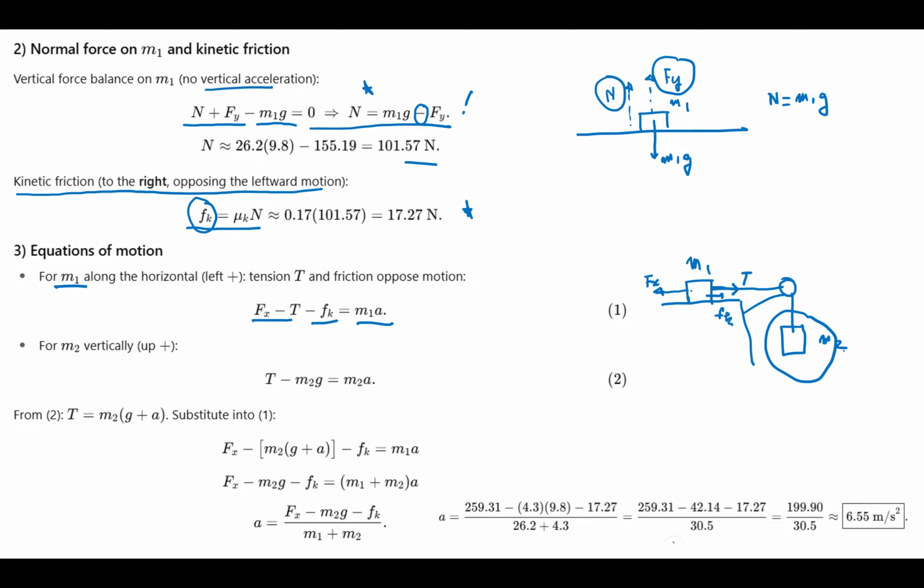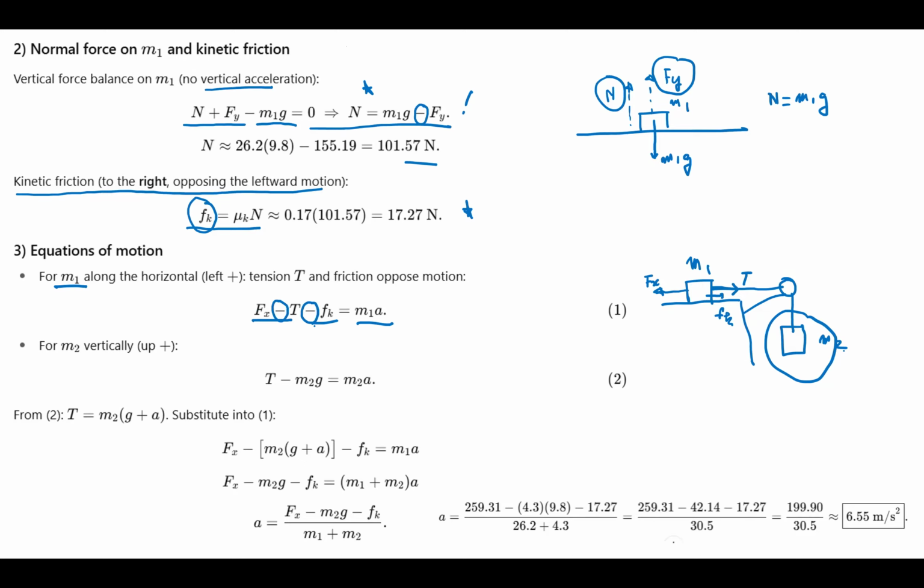That is the thing we need to think about. So Fx is in this direction, and then the tension is opposing, and there is also the friction. So this sign is very important. If you do not have the right sign, then it's going to be screwed up.